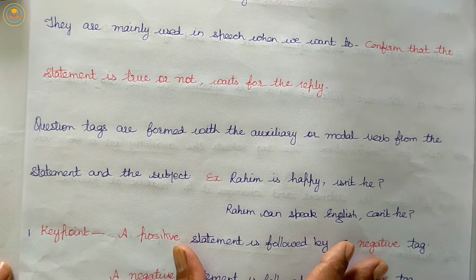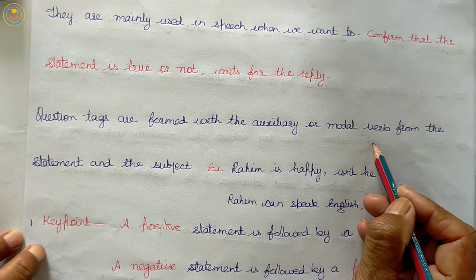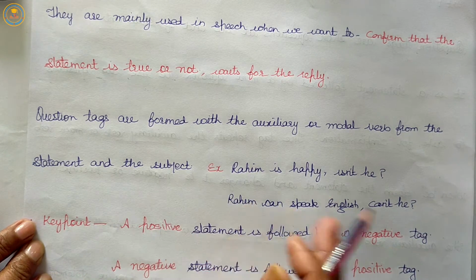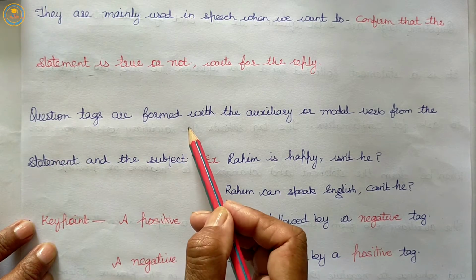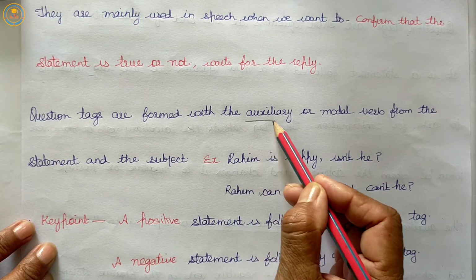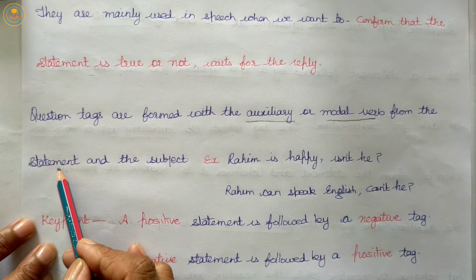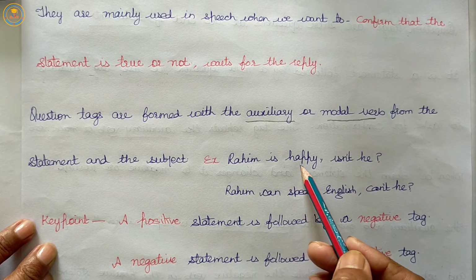Tag questions are formed with the auxiliary or modal verb from the statement and the subject. Listen carefully. Question tags are formed with the auxiliary or modal verb from the statement and the subject. Here, Rahim is happy.